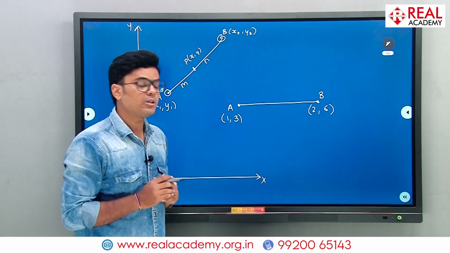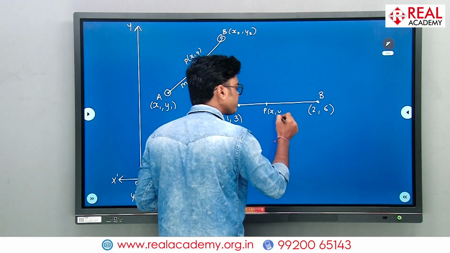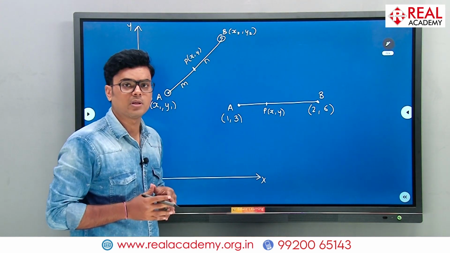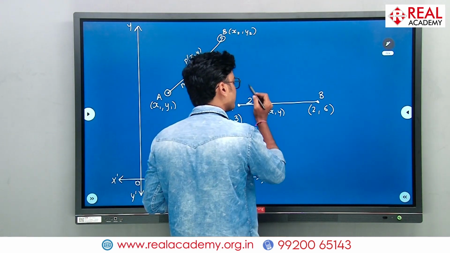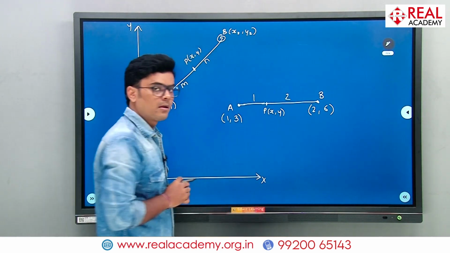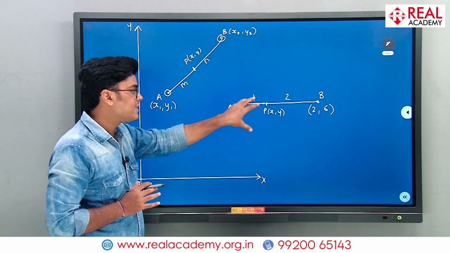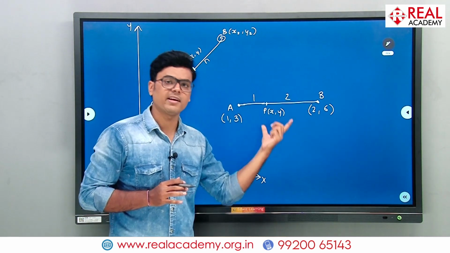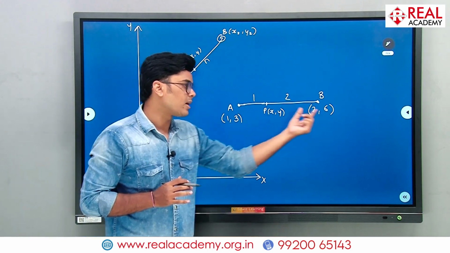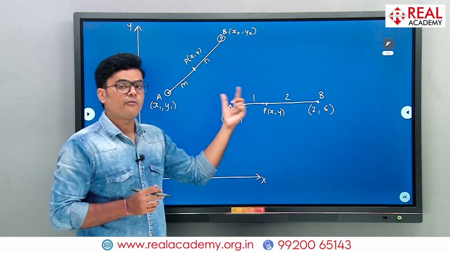And I'm telling you that there is a point x, y which divides this particular line in the ratio 2:1, or you can say 1:2 looking at the diagram. So if I've been given this much information, that this point is dividing this line in the ratio 1:2, and these two are the end points of the line, how do we find this point?